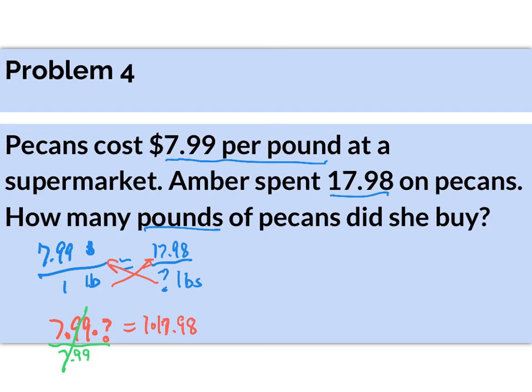Because we want to know how much 1 pound is. 1 question mark, which represents a pound, equals 17.98 divided by 7.99. So I'm going to change this question mark back to 1 pound. 1 pound equals 17.98 divided by 7.99. And we come up with 2.25 after we did the division on a calculator. So that's our answer.